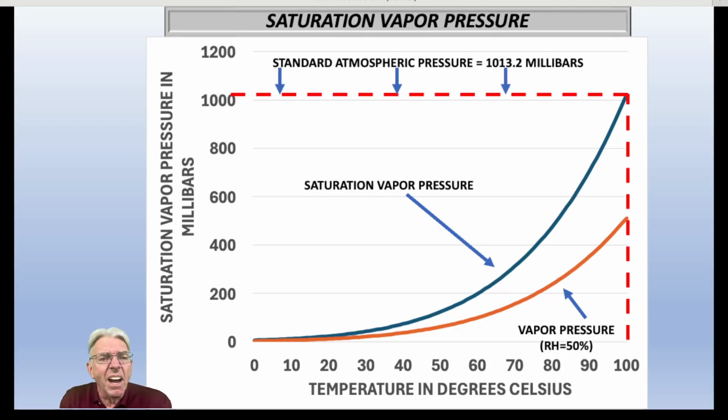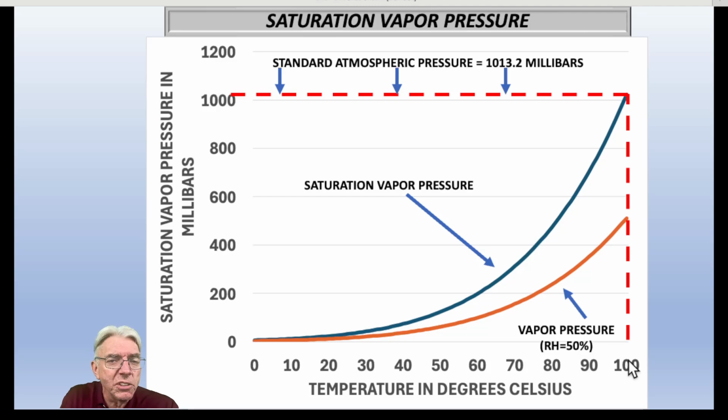Now, standard atmospheric pressure is 1,013.2 millibars at sea level. Well, let's go up the y-axis to about 1,013.2, just above the 1,000, and take it over here and see where it meets the saturation vapor pressure curve, and then go down that line and see what the temperature is.